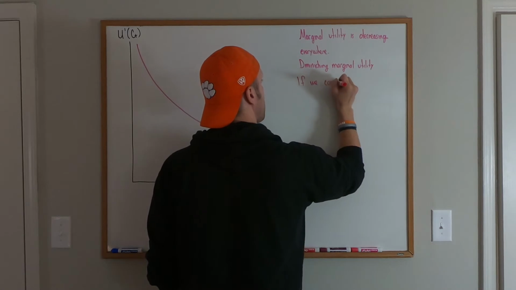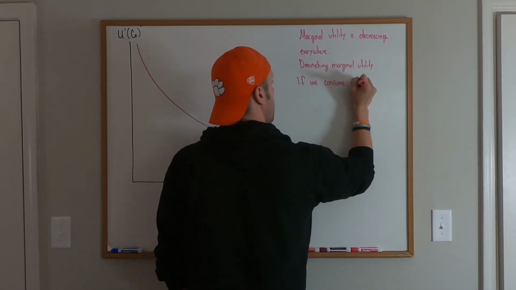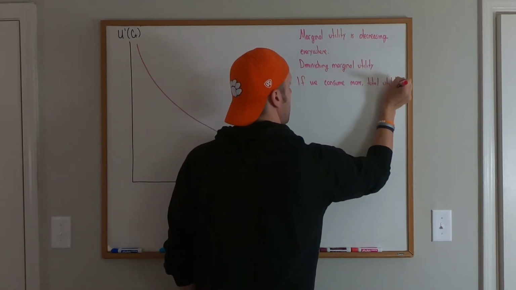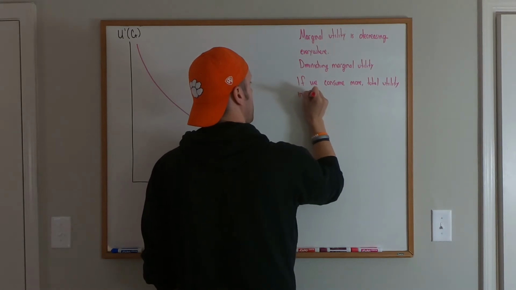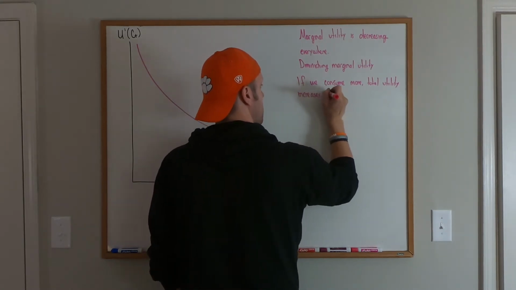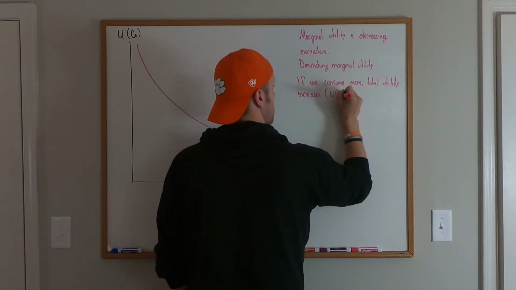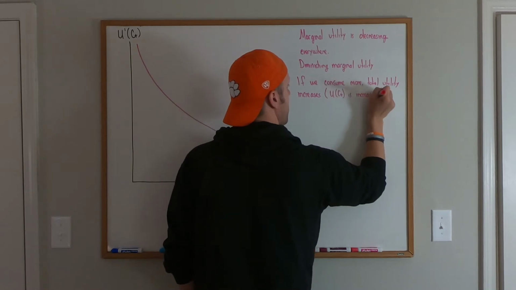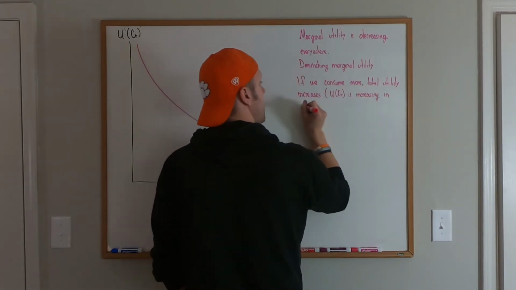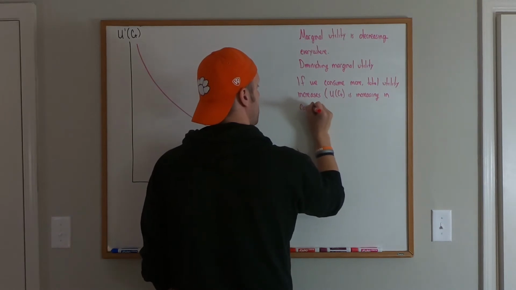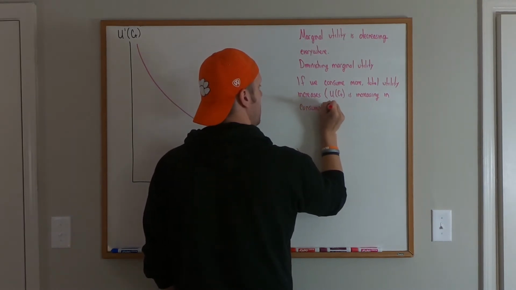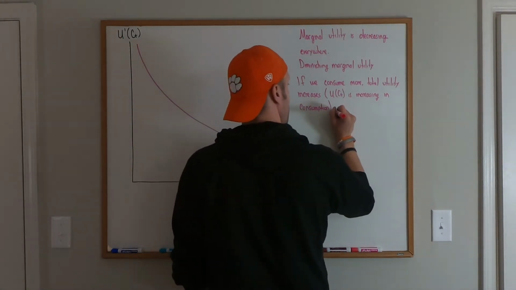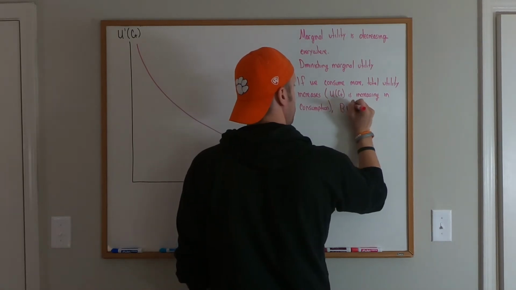So if we consume more, total utility increases. What that means in slightly more mathematical terms is that u of CT is increasing in consumption. However, a really big but.